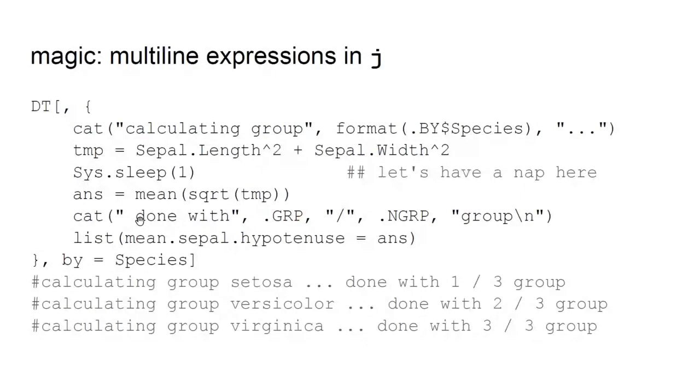And we could basically write even here a catch of system time and then print how long it took to calculate this particular group. But here we use the .GRP symbol and .NGRP to just specify which group was done and how many groups there were.